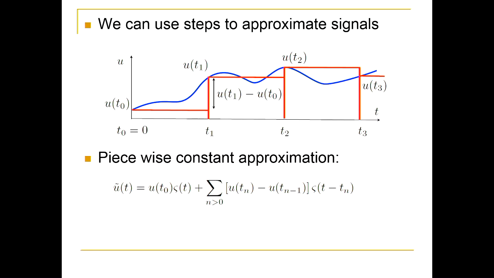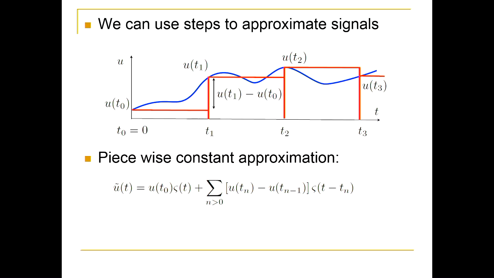When we talked about time invariance, we were shifting signals. That's what this means, right? So what I will be doing now, I will be using this approximation of u, this u tilde, instead of u, and that would approximate the input u to the system, right?